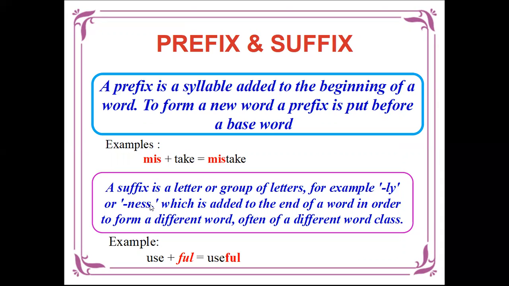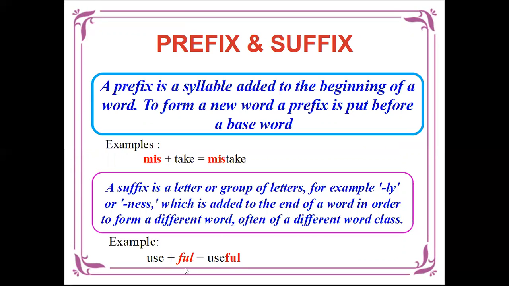Then what is meant by suffix? A suffix is a letter or group of letters, for example, ly or ness, which is added to the end of a word in order to form a different word, often of a different word class. For example, use plus full equal to useful.